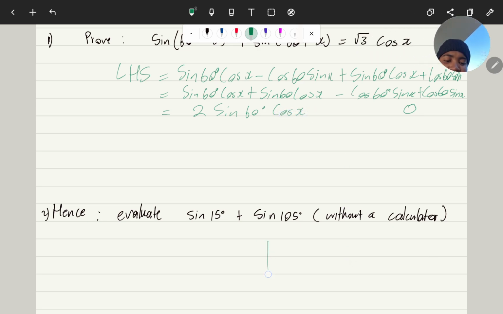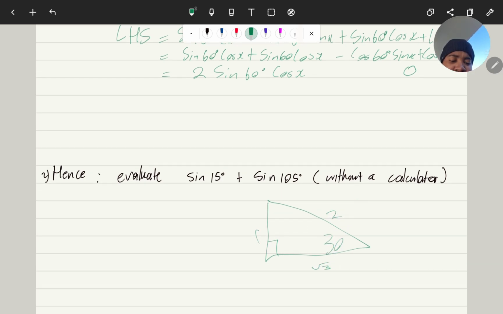And sine 60, on your triangle you have 30, 1, 2, square root of 3, and this is 60. So sine 60 is square root of 3 over 2, so you're going to have 2 times square root of 3 over 2, and then your cos x, and the two's cancel.